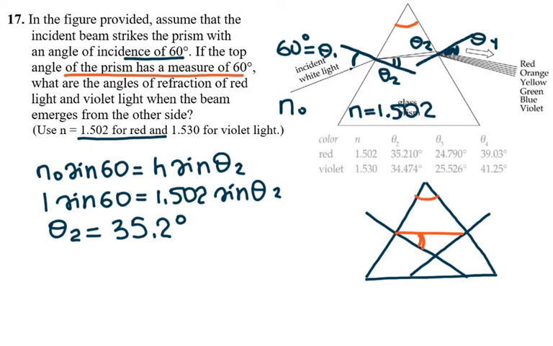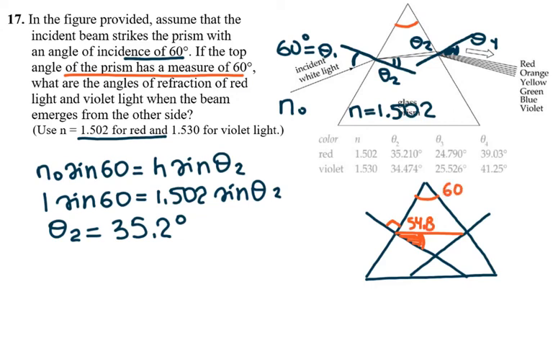Then if this is 35.2 and this whole thing is 90 degrees, so the other side is also 90 degrees, then the angle right here is 54.8. This one is 60.